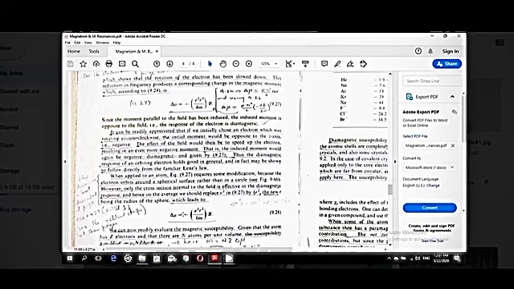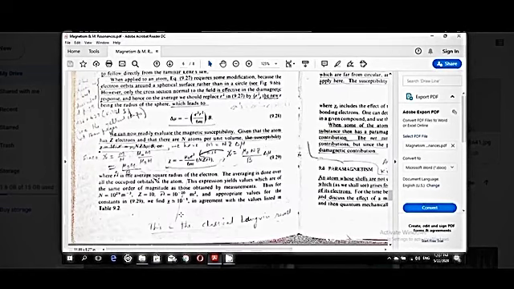For the susceptibility, we have M is equal to n Z delta mu for the entire atom, where chi, we know, is the ratio of M and H. This comes out to be chi is minus mu naught e square over 6m into n into Z into the average value of r square, where r square average is the average square radius of the electron.